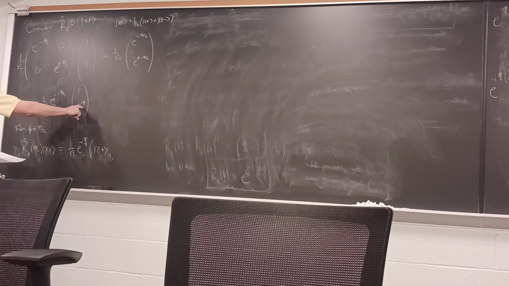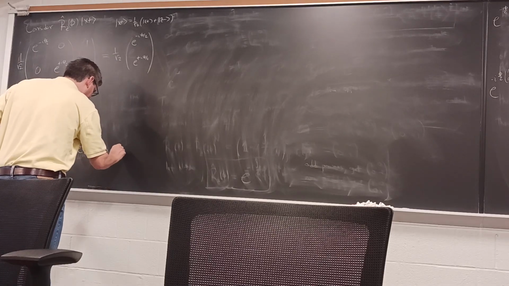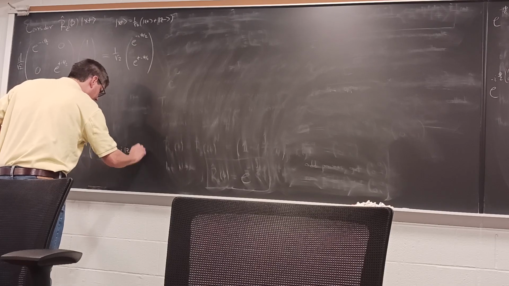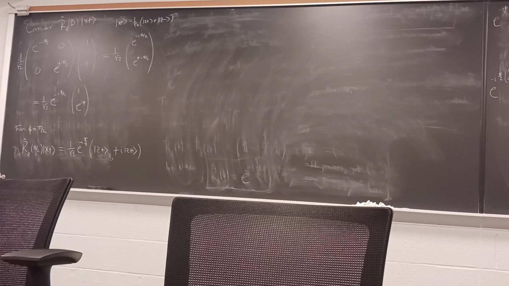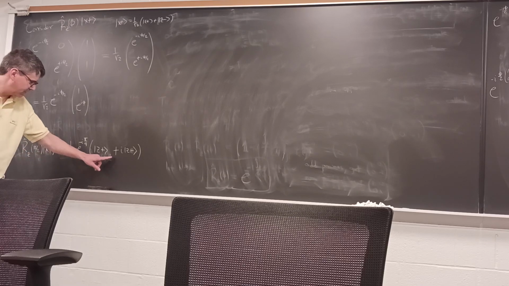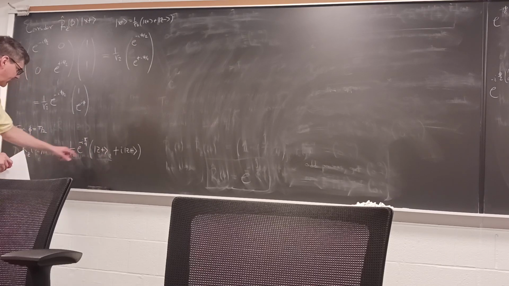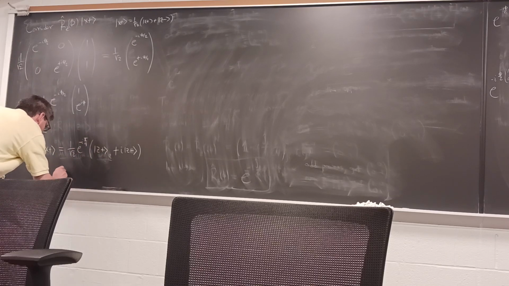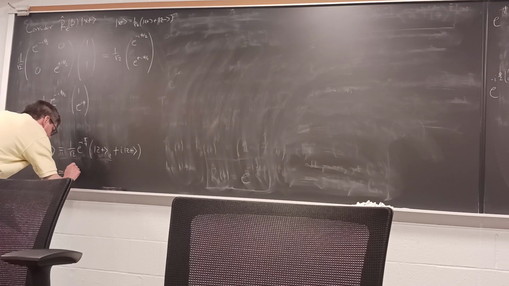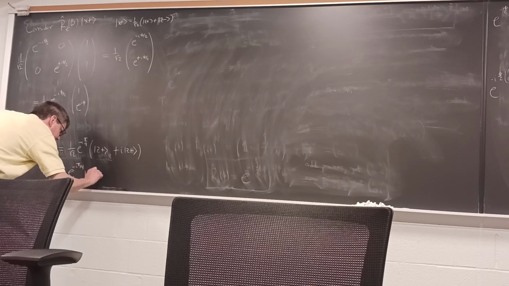Cosine of pi over 2 is 0, plus i sine pi over 2, so this is just plus i z minus. So here we have, with the 1 over root 2, that's just y plus, and then we have some phase factor. So this is just e to the minus i pi over 4 times y plus.